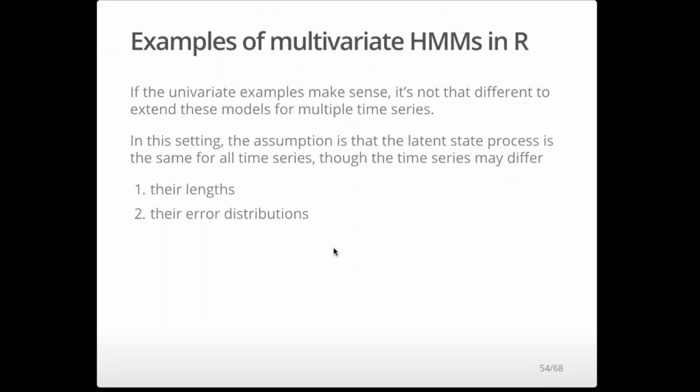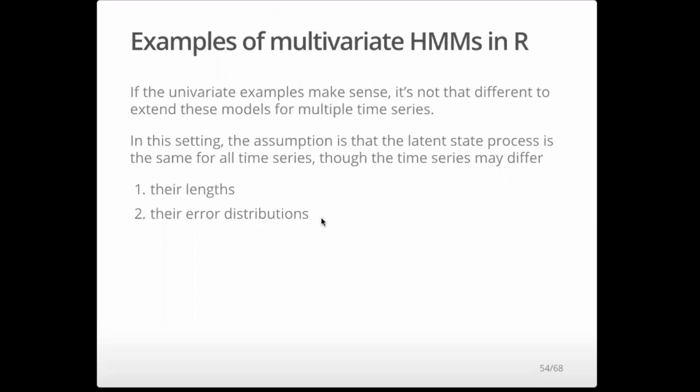In this case, though, what we're going to do is start adding more time series, and we're going to assume that the state process, so the X's, the cool versus warm regime for the cow coffee example, for example, are going to be exactly the same. But where the 2 types of time series might differ are in their lengths. So we might have patchy data for one time series and not patchy data for another.